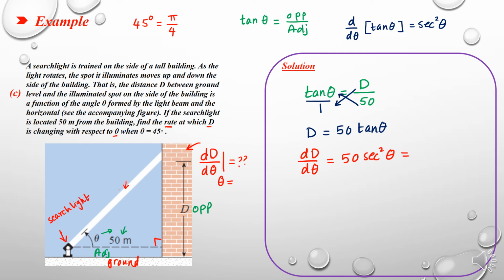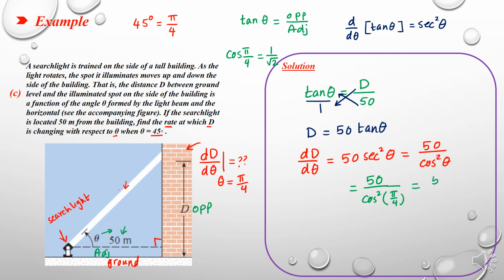Now we can write this as 50 over cosine squared of theta. Now replace theta by 45 degrees or pi over 4, it's up to you. So you will get 50 over cosine squared of pi over 4, and cosine pi over 4 is 1 over square root of 2.